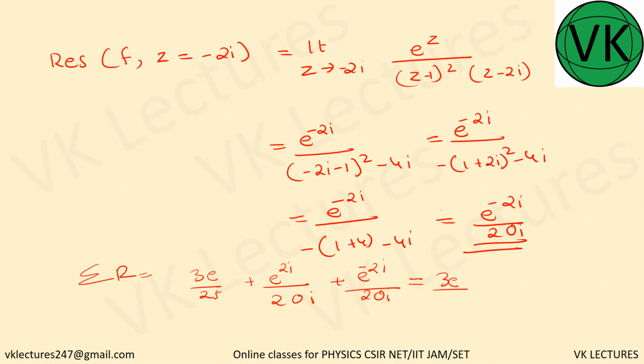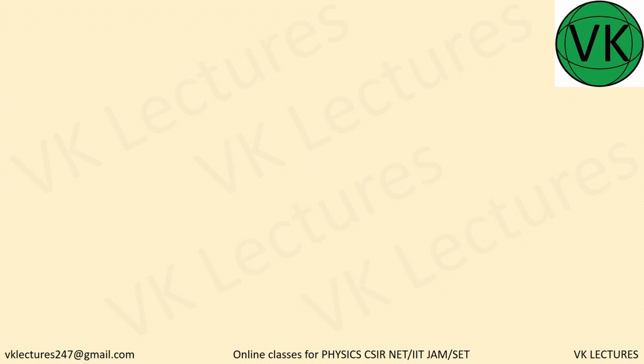So we got 3 by 25 plus 1 by 20i. So integral f(z) dz is equal to 2πi into 3 by 25 plus 1 by 20i.